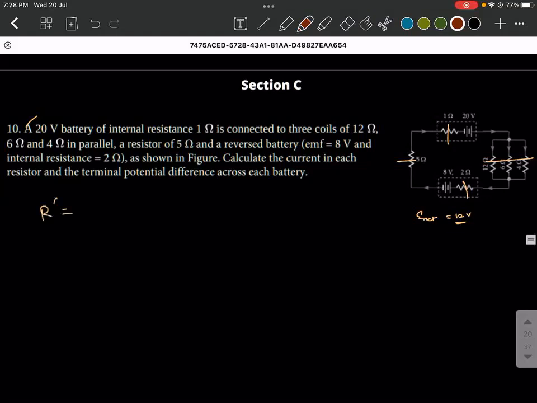Equivalent resistance R dash is equal to 10 ohm. Okay, accepted. Total resistance. So 12 divided by 10, that is 1.2 ampere.